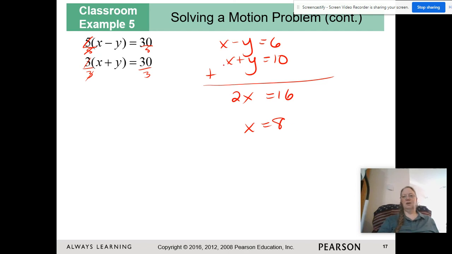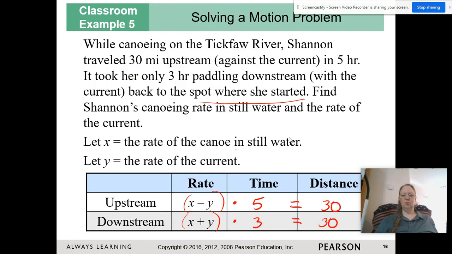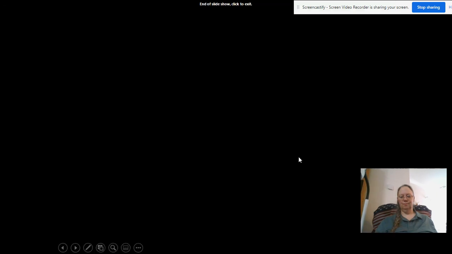And then let's plug it in here. 8 plus y is equal to 10, so y is equal to 2. Let's double check, make sure. 8 miles per hour and 2 miles per hour.